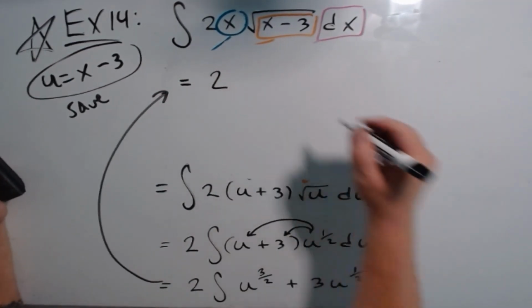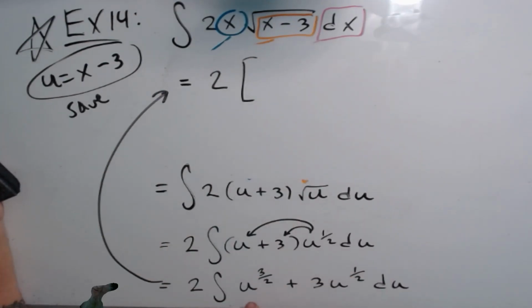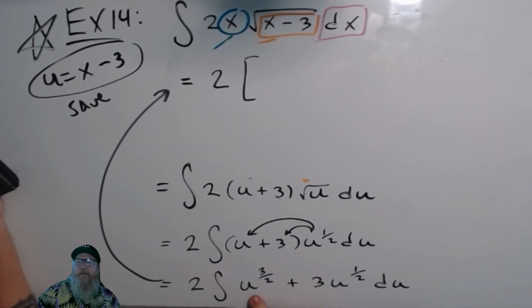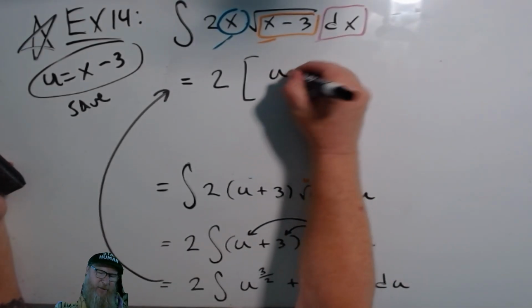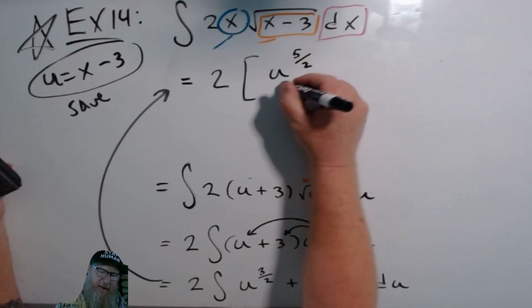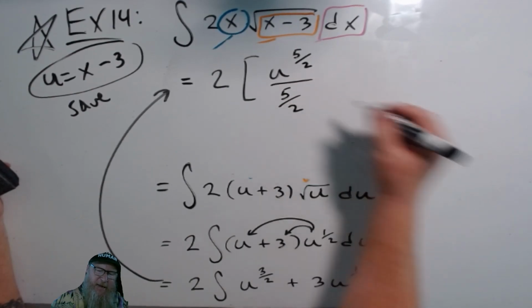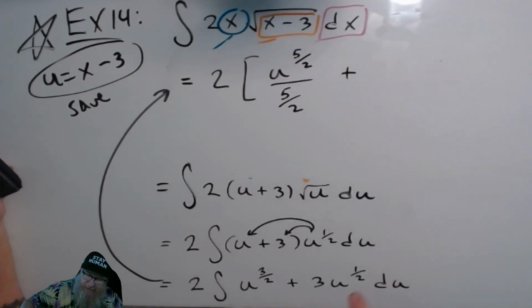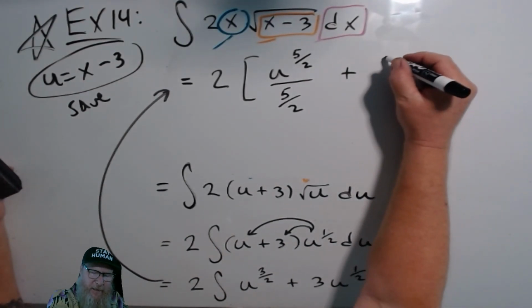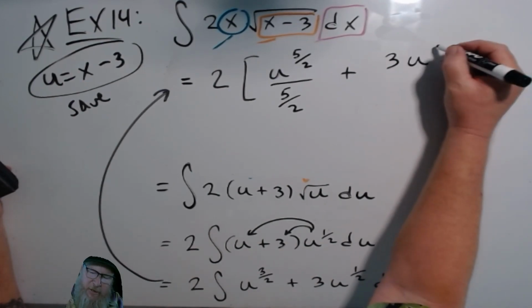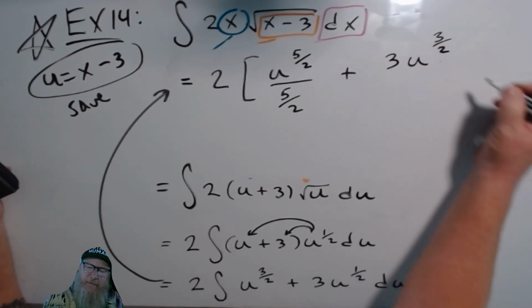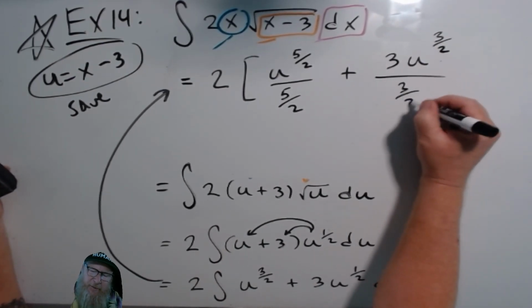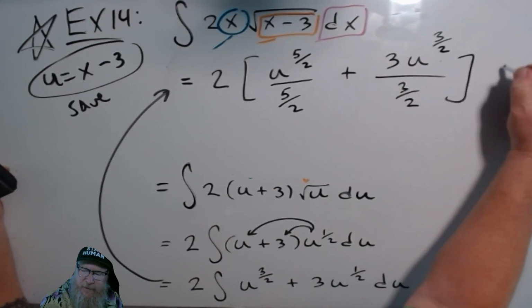So I've got 2 times the antiderivative, or the indefinite integral of u to the 3/2 will be u to the 5/2 divided by 5/2. And 3u to the 1/2 will be 3u to the 3/2 divided by 3/2. And then plus c.